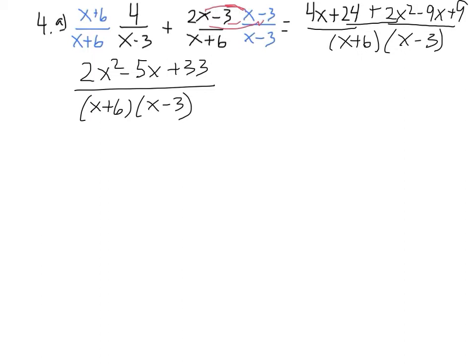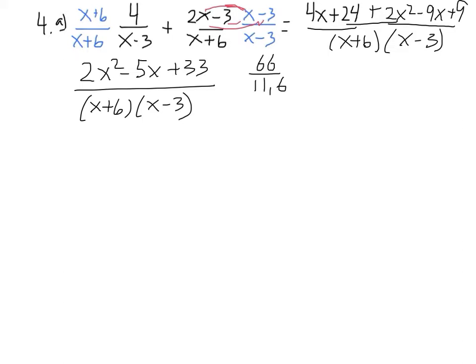well, let's see if I can find out some factors. 2 times 33 is 66. So let's go the old-fashioned way. And what are the factors of 66 that add up to negative 5? Well, I have 11 and 6.